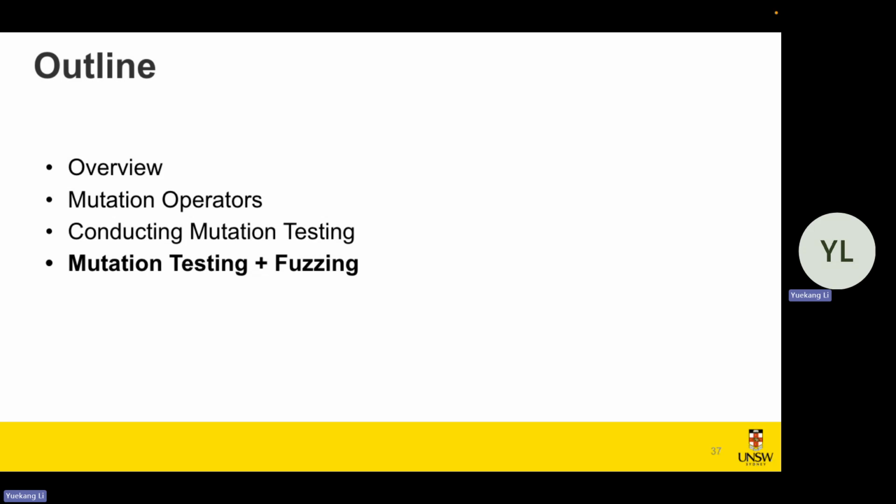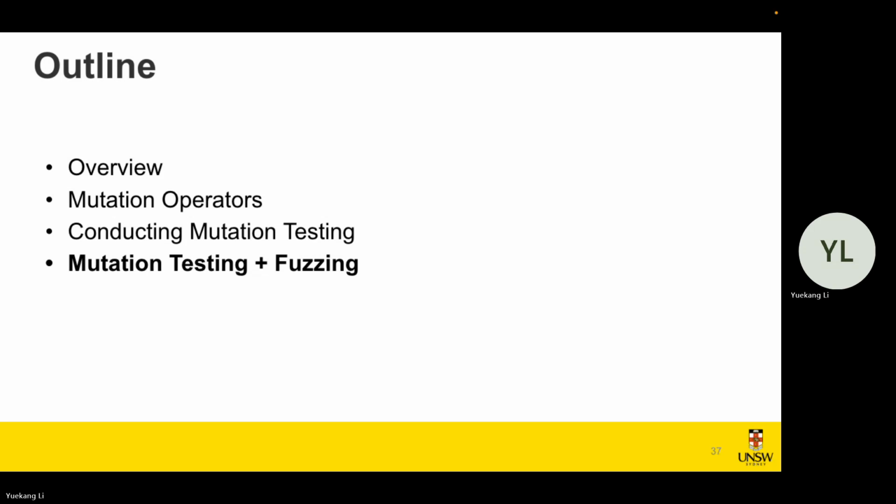Then the key becomes how do we create these programs that can be used here? So that is mutation testing. What we do is we try to create mutants. And a mutant is a program that is similar to the original program, except for some small modifications. And those small modifications are known as mutation operators.